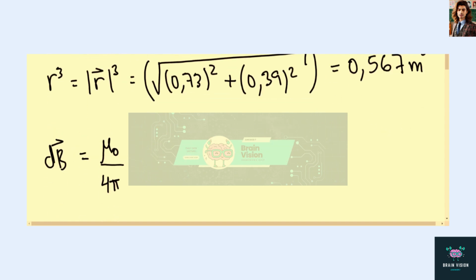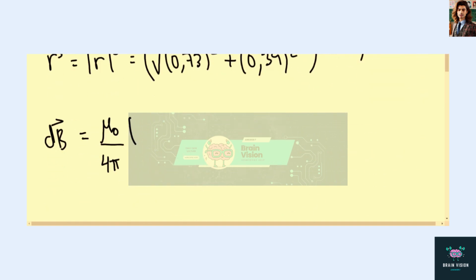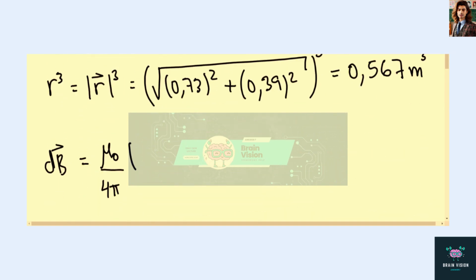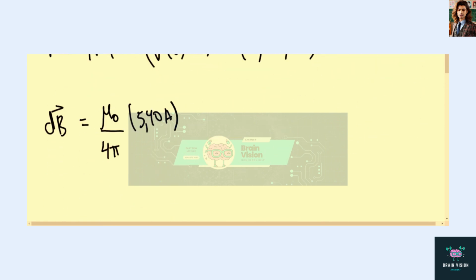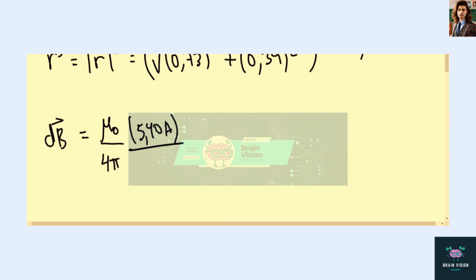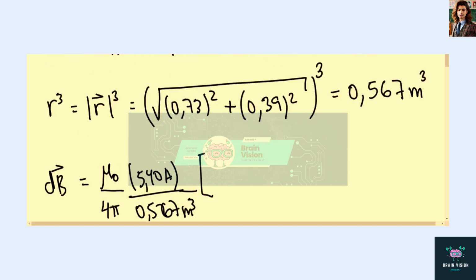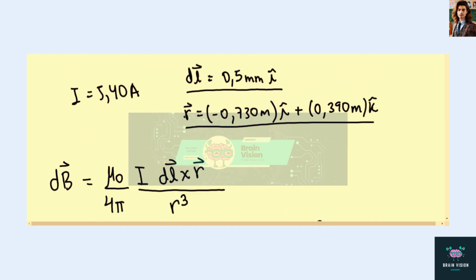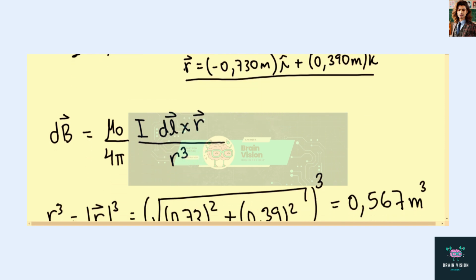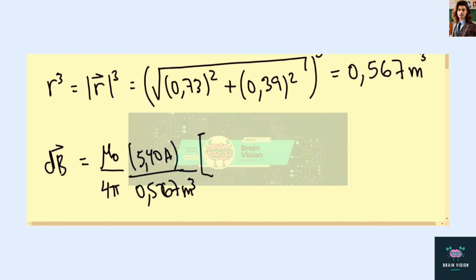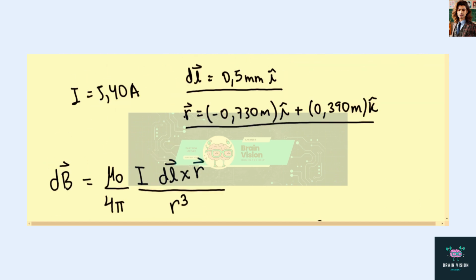We'll have the value for the current, which is 5.40 amperes, this over the distance cube, which is... now in here, I'm gonna put the product between these two vectors, the L and R. So we will have the following: 0.5 millimeters.